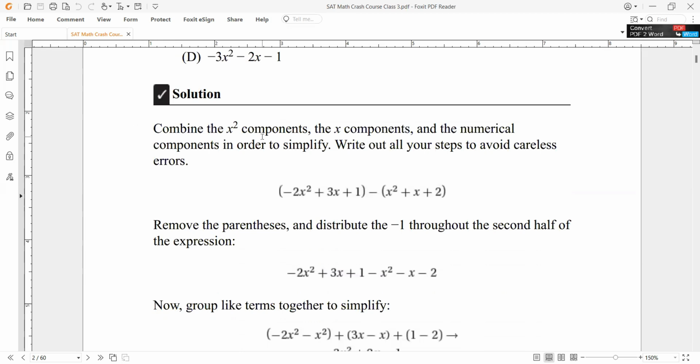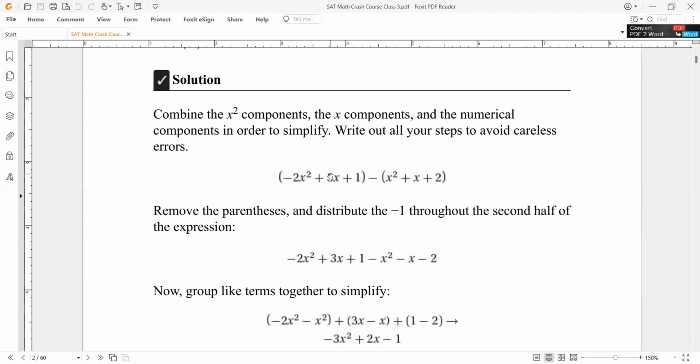Combine the x squared components, the x components, and the numerical components in order to simplify. Write out all of your steps to avoid careless errors. So basically, you just do some simplification, because whenever you get rid of the parentheses, you need to do some basic mathematical calculations.